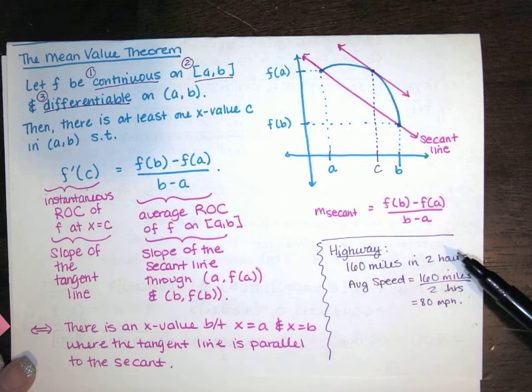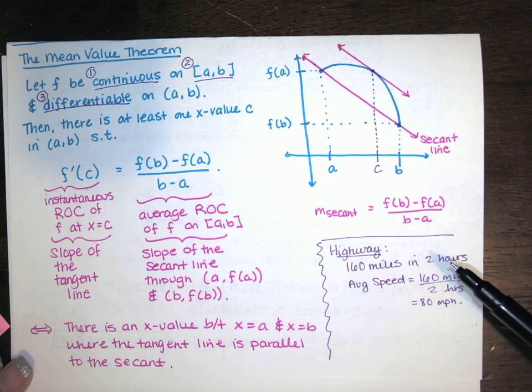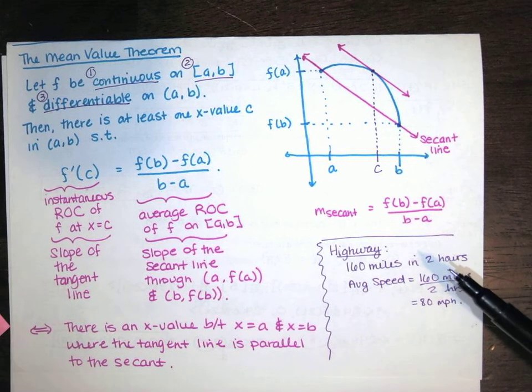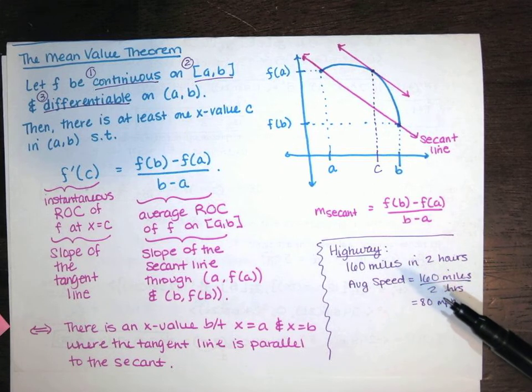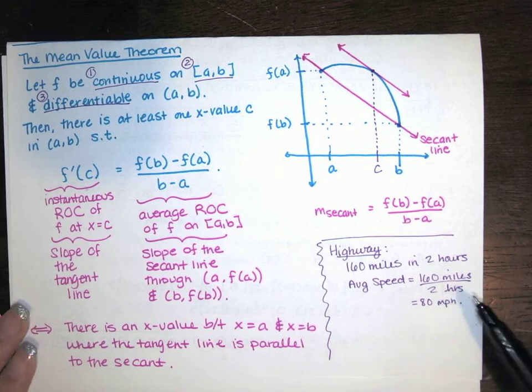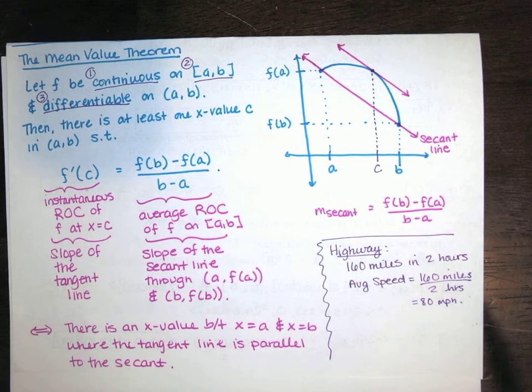And I think they do this using, I don't know, some kind of technology when you're driving along the highway. They're able to say, okay, at this point this person with this license plate number was here, and 2 hours later they showed up at this other point, which is 160 miles away, and then they're able to calculate your average speed.